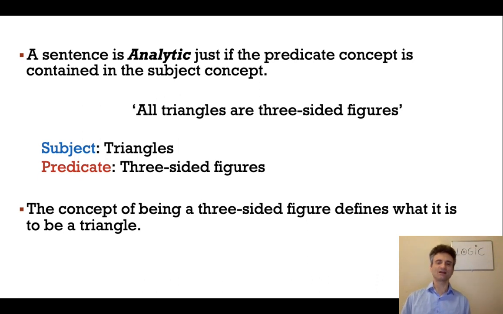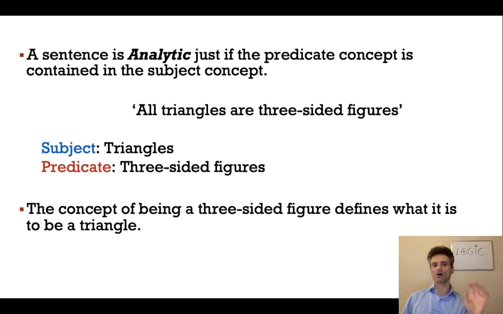Now, by three-sided figures, I mean geometrical figures that have only three sides, okay? So that's what I mean by that. Those are triangles. And also, if you think about it, the concept of all triangles is expressed, again, by the predicate term, three-sided figures. Now, what is the function of the verb are in between subject and predicate?